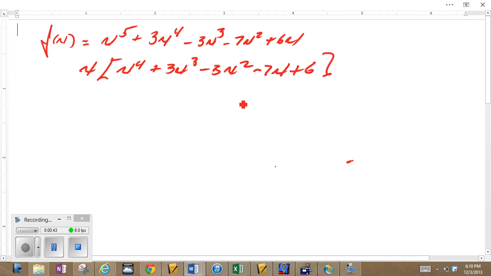Now, there's nothing preventing me from going directly into synthetic division. The worst that could happen is that the last column won't add to 0, so we'll just see what happens. So I'm just going to initiate that from this point.